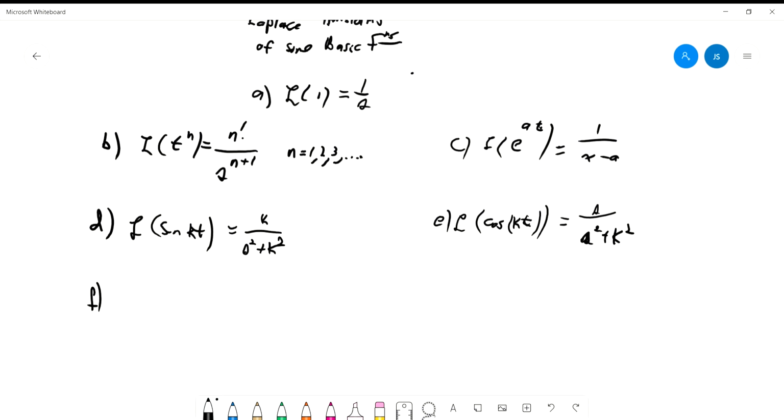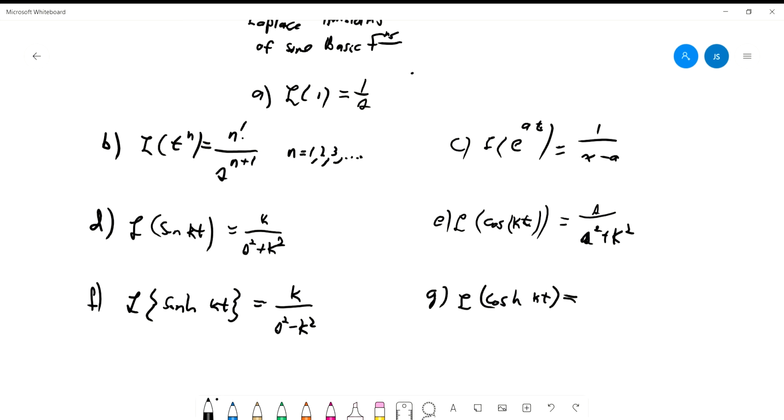F, the Laplace transform of hyperbolic sine is equal to k over s squared minus k squared, and G, the Laplace transform of hyperbolic cosine is s over s squared minus k squared.